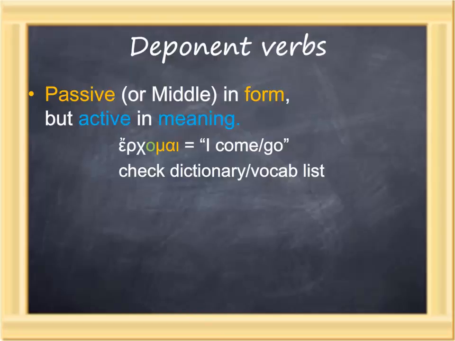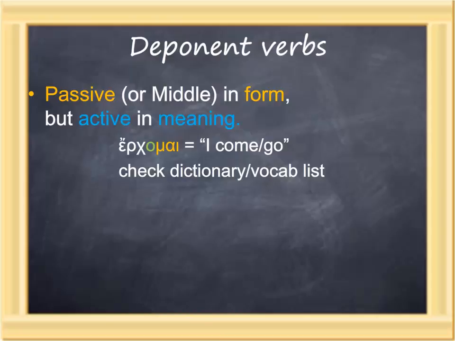How can you tell if a verbal form is deponent? Here, you have to check the dictionary or vocabulary list. If the dictionary form ends in an omega, then a passive form is passive.